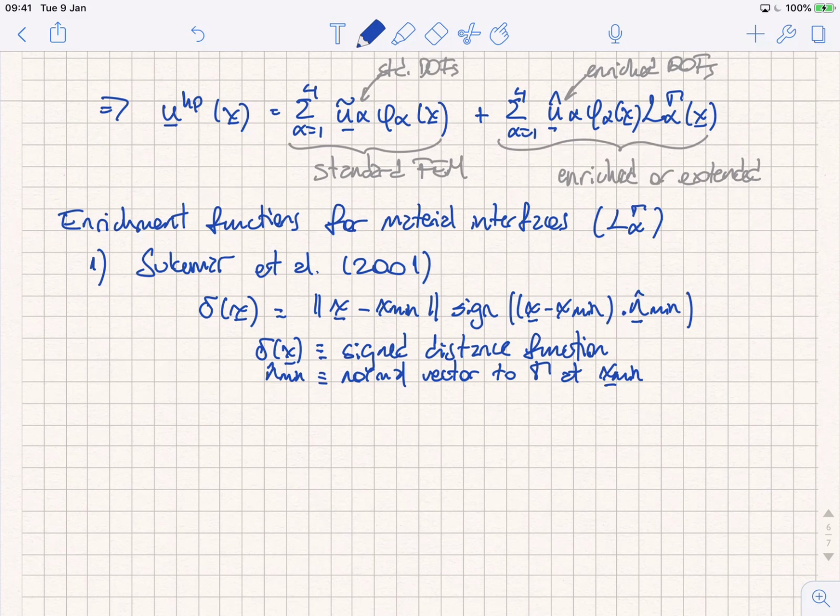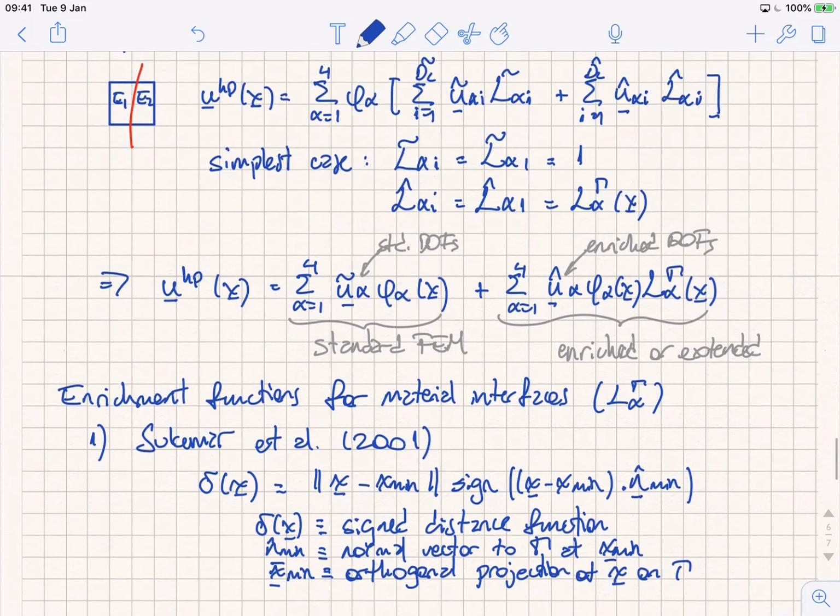So that is going to define a point, and this is what we define as x min. Okay, I'm going to show you in the plot in a minute. Orthogonal projection of x on gamma.